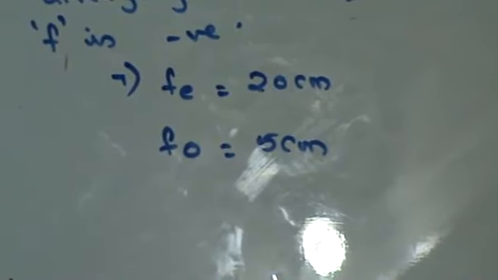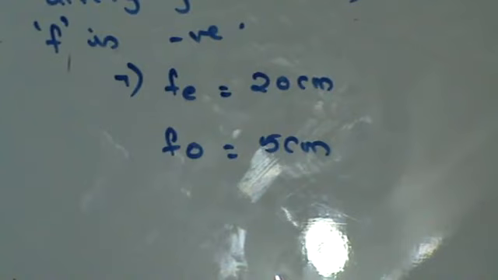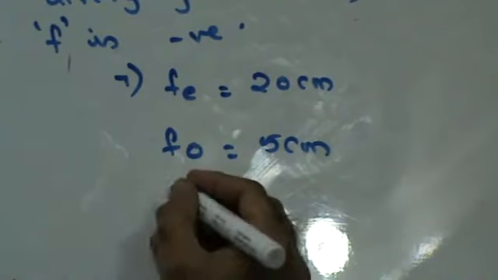The final image is formed at a distance of 25 centimeters from the eyepiece.